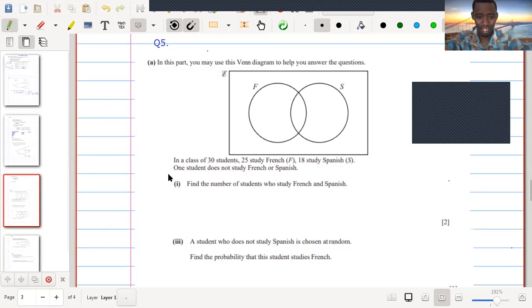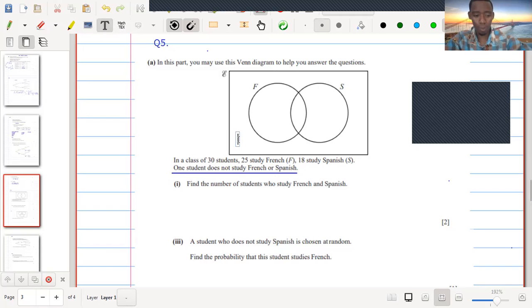It's not highlighted, but you should also read it and understand. Then this student, I put him outside.